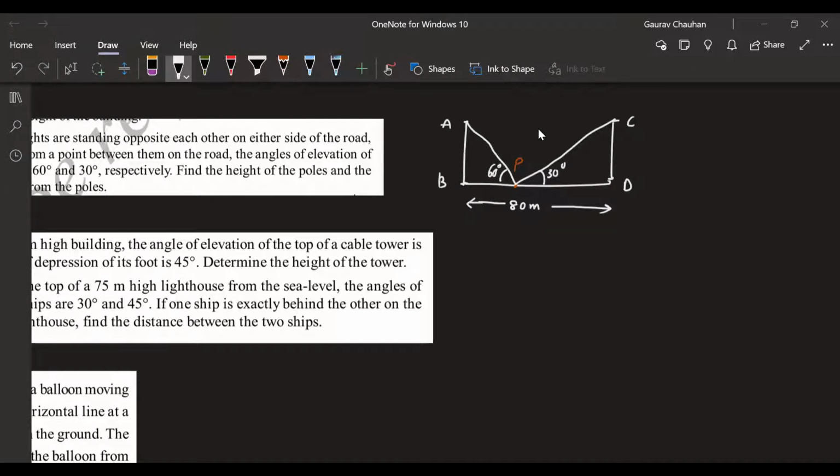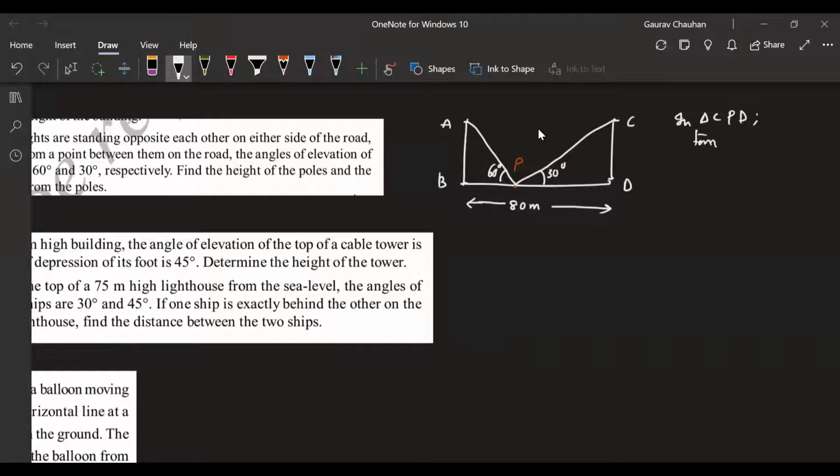AB and CD are the poles. BD is the width of the road. AB and CD are of equal height, that's also another thing to be noted. Continue, Bindu. We can use the tan formula and solve it. In triangle CPD, tan theta is equal to opposite by adjacent.